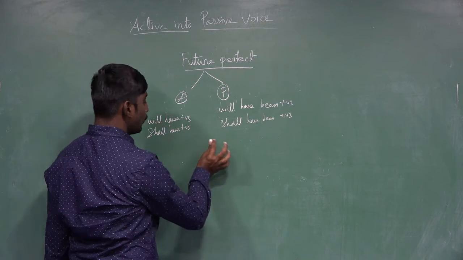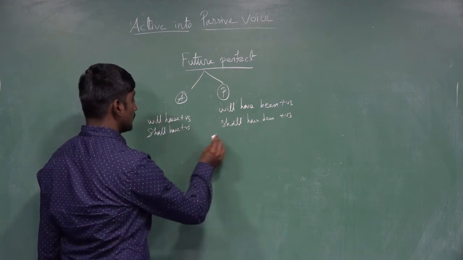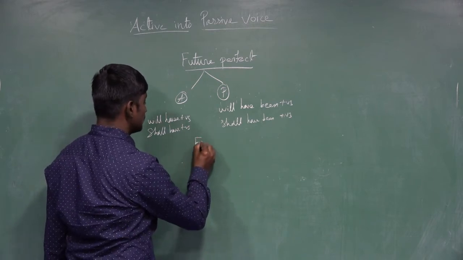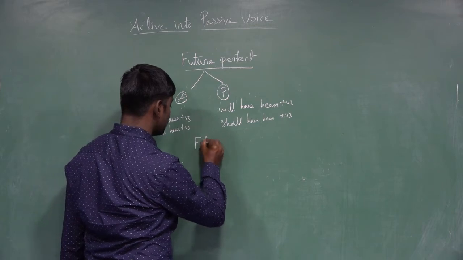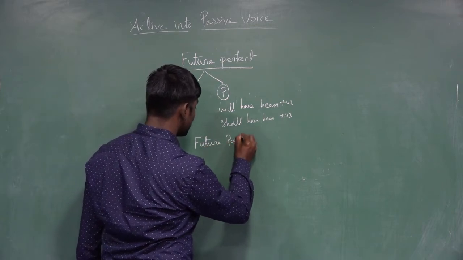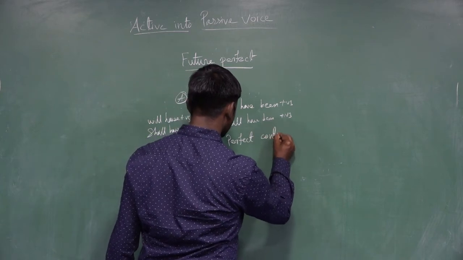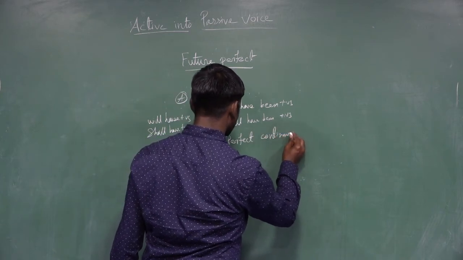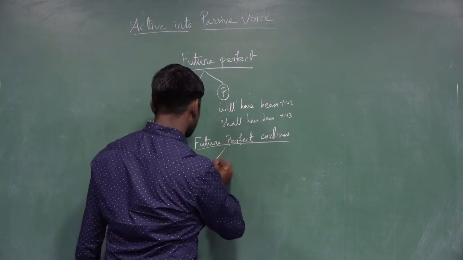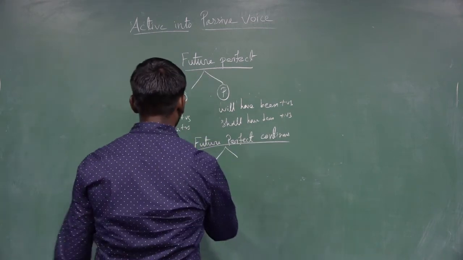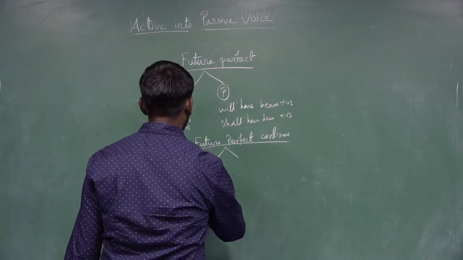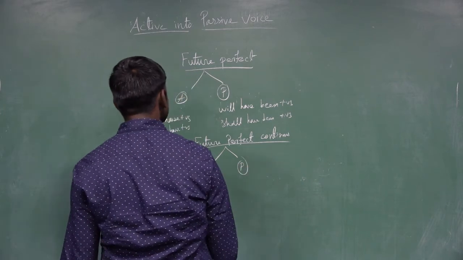And the next one, future perfect continuous tense. Future perfect continuous, active and passive. What is the auxiliary required?